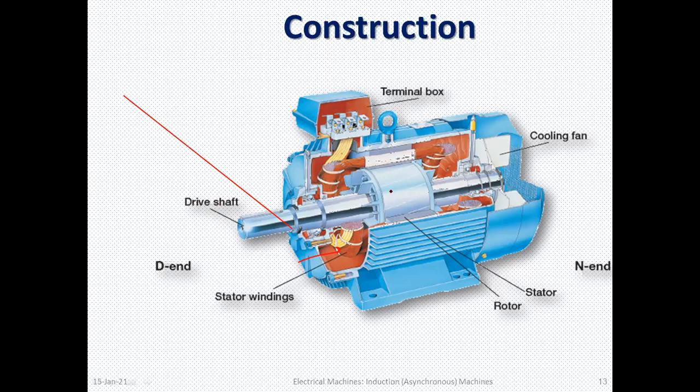In fact, here heavy bars are placed in the slots, and induced EMF is produced here, and rotating torque is produced here. So through induction, there is no separate need of a supply given to this rotating part, as in the case of a synchronous machine, where we have to supply an extra DC supply to create the magnetic field.